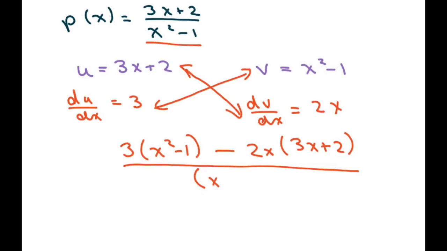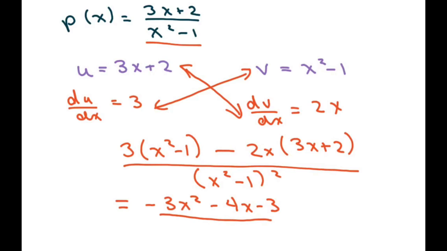So that's just going to be x squared minus 1 squared. And when you simplify all this, you should get negative 3x squared minus 4x minus 3 over x squared minus 1 squared.